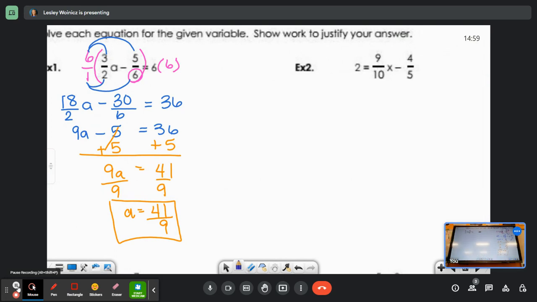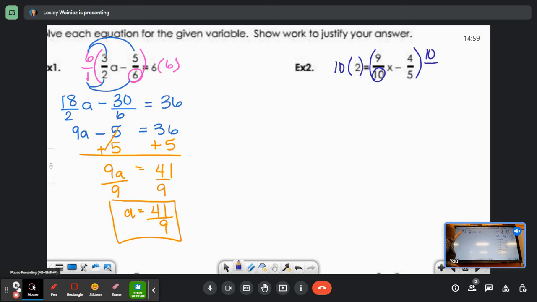All right, what are we going to do? First, find the biggest denominator, which is 10. So I'm going to multiply this side by the 10, and this side by a 10. Remember to put the 10 up nice and high, because what's hiding under there?